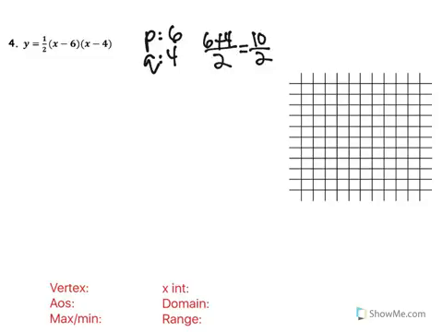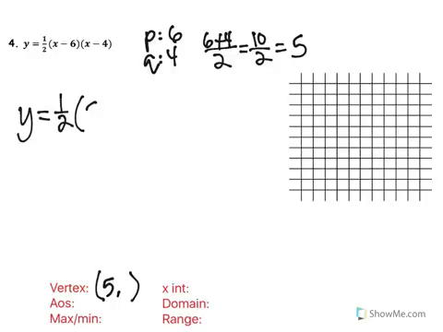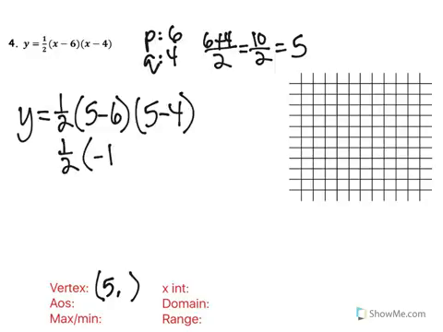This is my X value of my vertex. So 1/2 just means that I'm going to do this: 5 minus 6, 5 minus 4. What is half of -1 times 1?